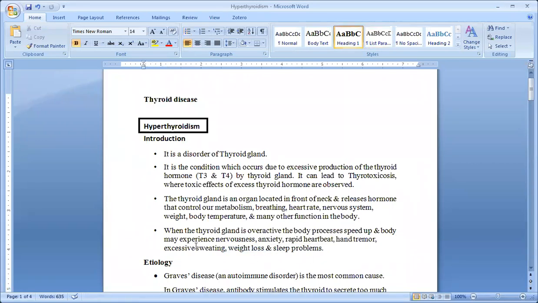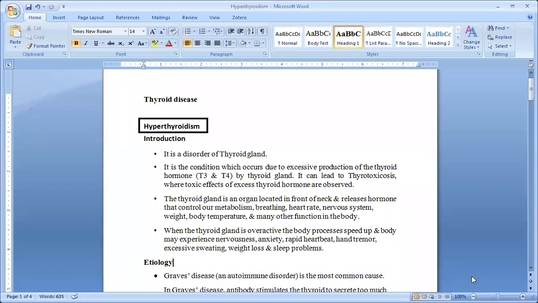So what happens if it is overactive? This thyroid gland secretes excessive thyroid hormone, that is T3 and T4.